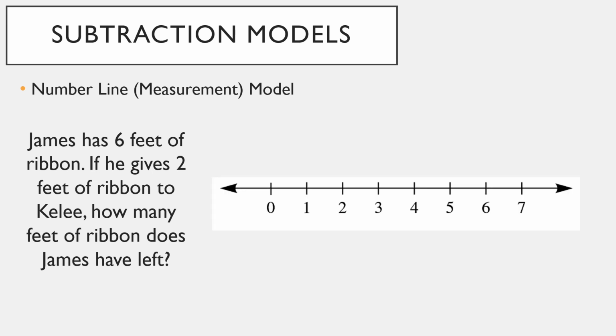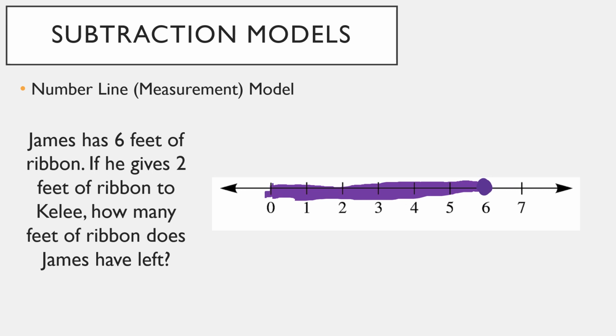We start by drawing our number line, and we're going to indicate that James has 6 feet of ribbon. So I'm making my little mark there on 6 feet. It may be better to draw the whole thing, just to indicate that it starts at 0 and goes all the way to 6.